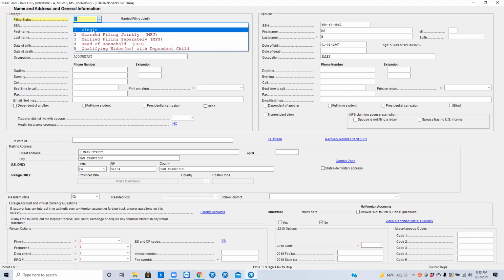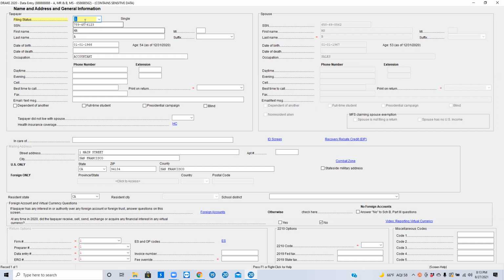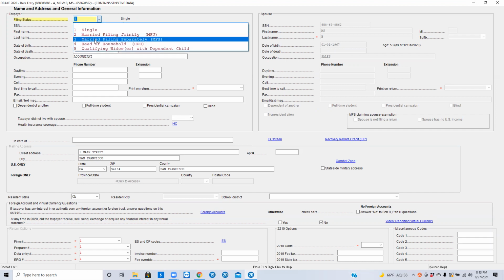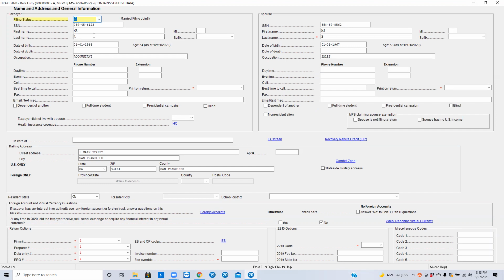For example, the very first one is single. If you choose this, your situation will become single, just by yourself. The second one is married filing jointly. So you're going to have the husband's Social Security number, which is not the real one. We just make it up. And the wife's Social Security number is also not the real one. We just make up these numbers.